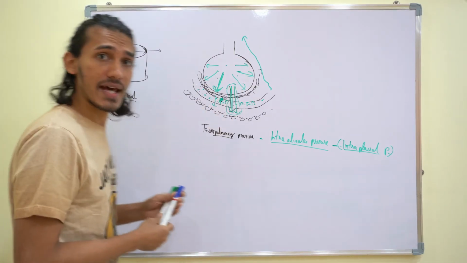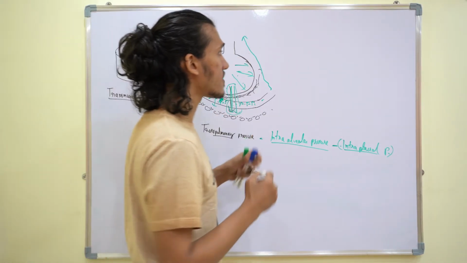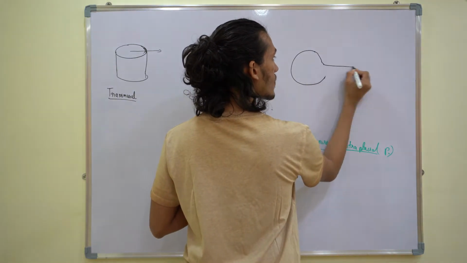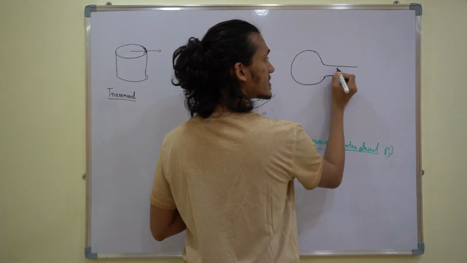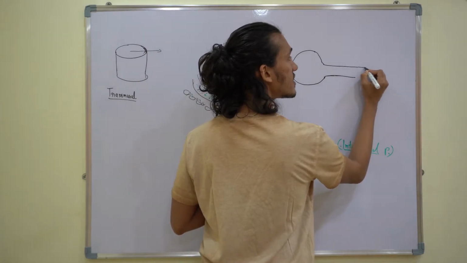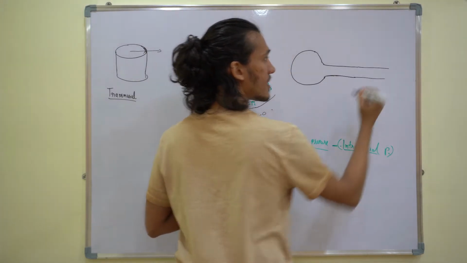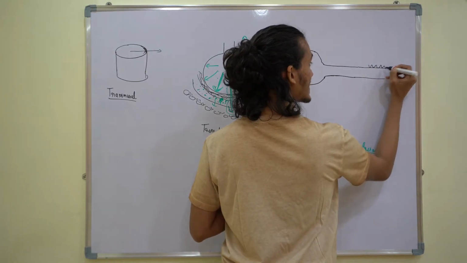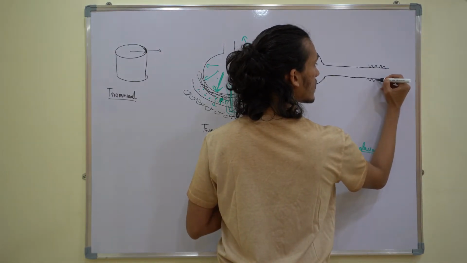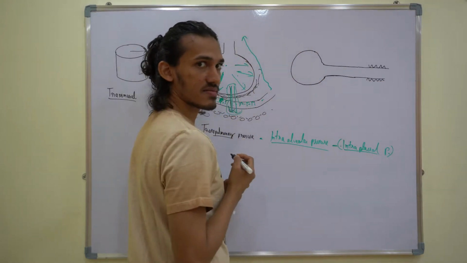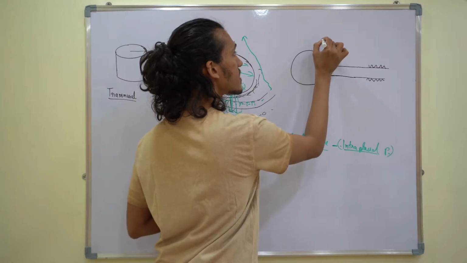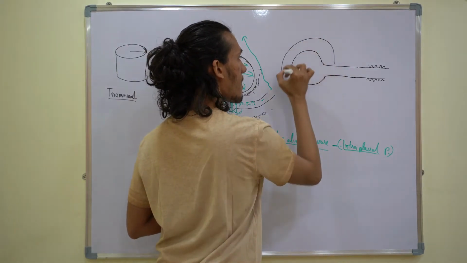In this whole scenario, we have the alveoli and the terminal bronchioles, and finally over here the bronchi, where we have cartilaginous layers which are not present over here. So this is some sort of support, and we have the intrapleural pressure.